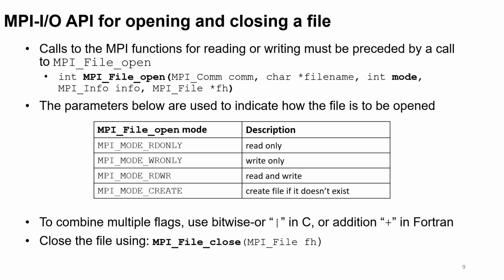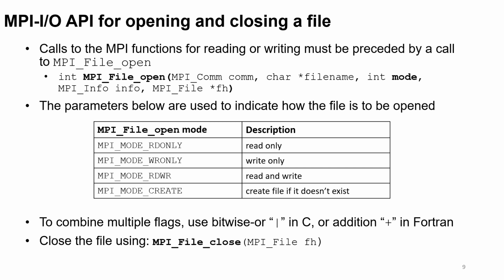Now, there are predefined modes for opening the file that we will need to select from. For example, we can use MPI_MODE_RDONLY, which stands for read only mode. And then we can use options like MPI_MODE_WRONLY or MPI_MODE_RDWR when we want to do both reading and writing after opening a file.